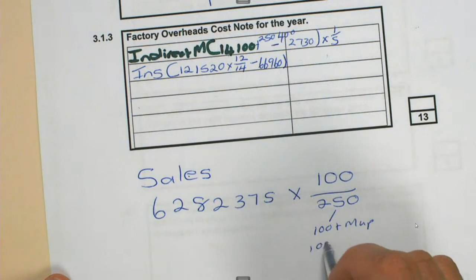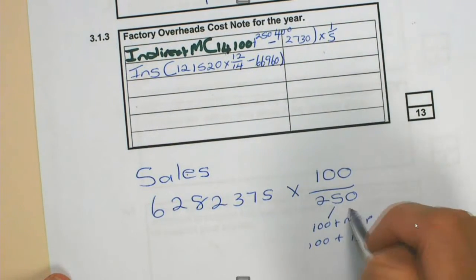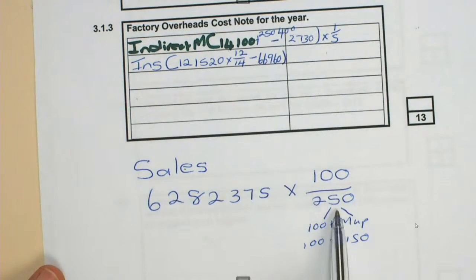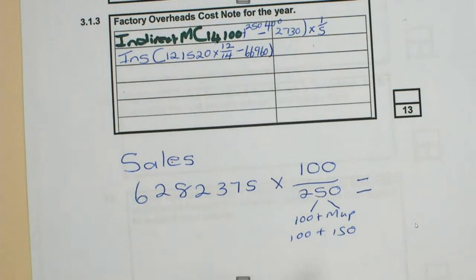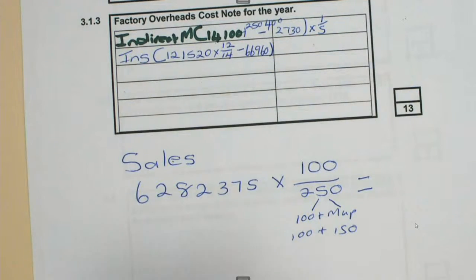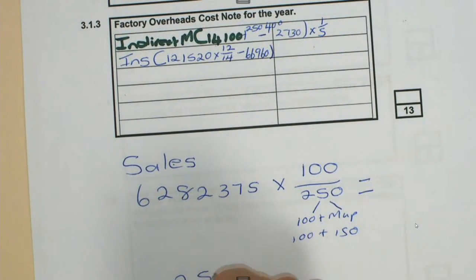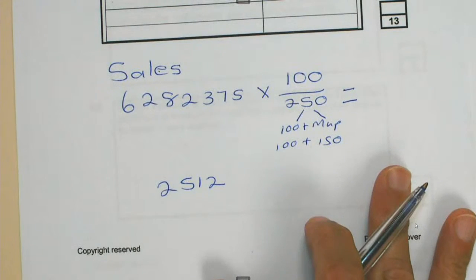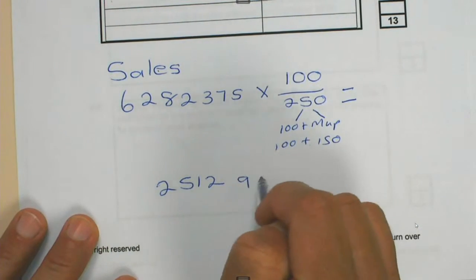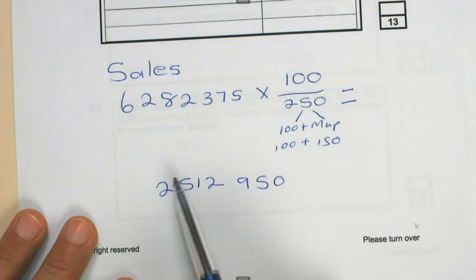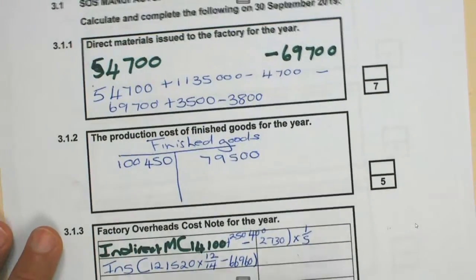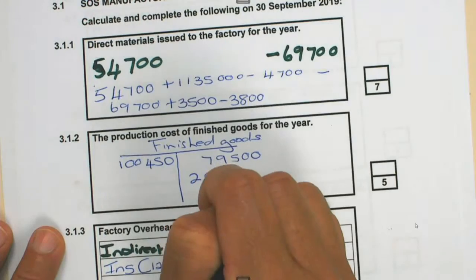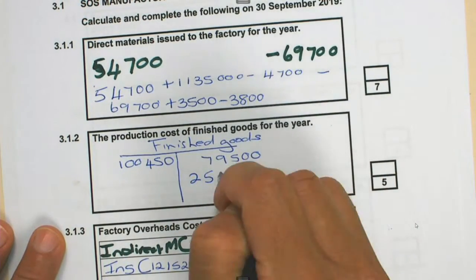Which in our case is 100 plus 150 to make up that 250, right? Do your calculation for me. Help me with this calculation. Your answer will then be 2,512,950. This amount I needed here in my finished goods calculation.